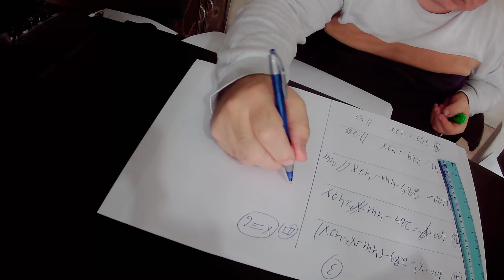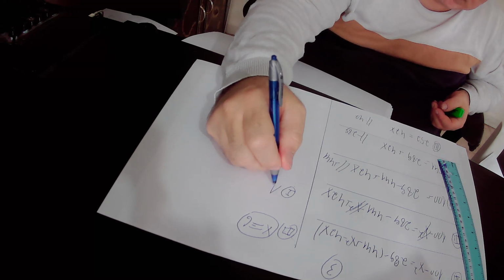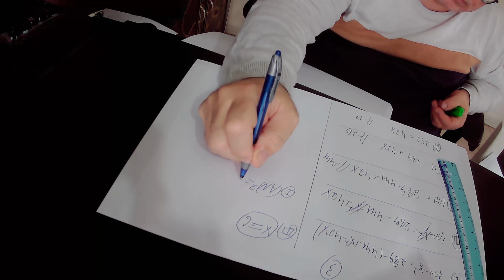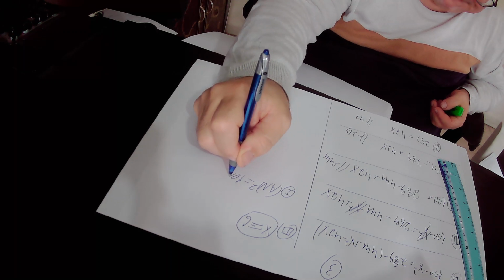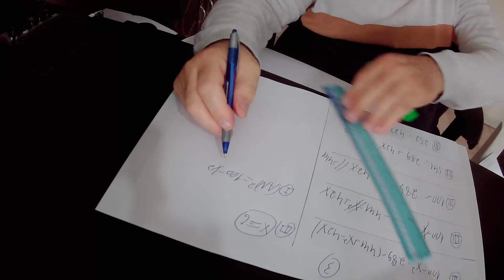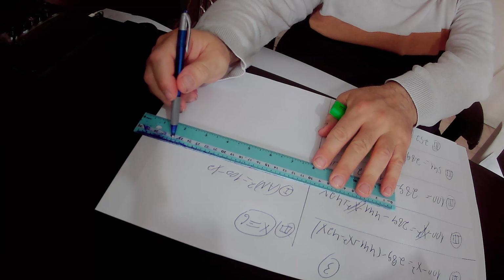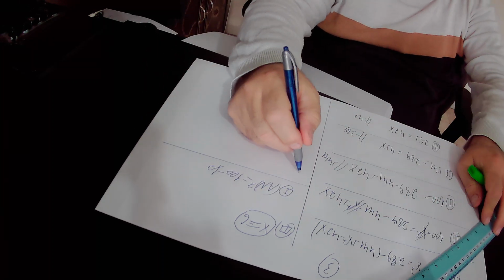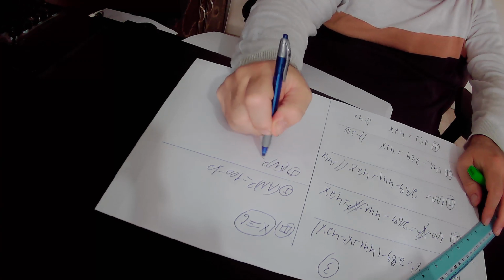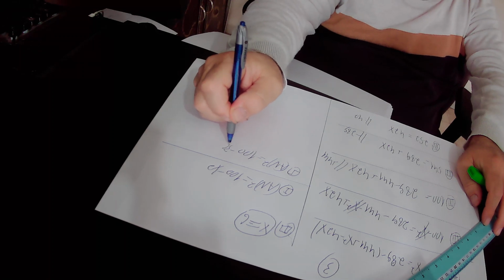We turn to equation 1. According to equation 1, AN squared equals 100 minus x squared. But we just found out that x is 6, therefore x squared is 6 squared, which is 36.